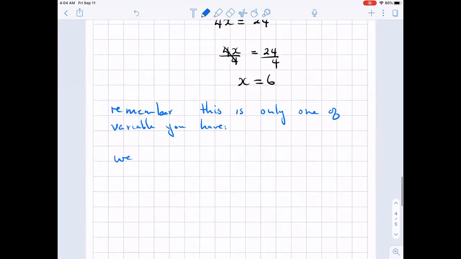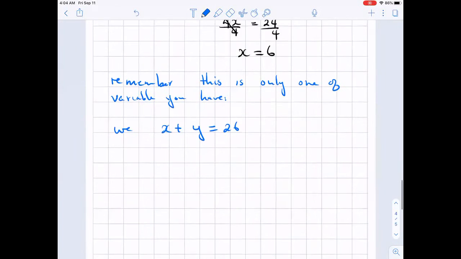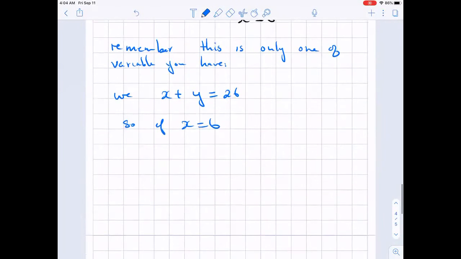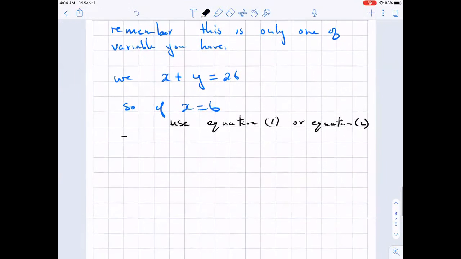We know x plus y is equal to 26. So if x is equal to 6, we use equation 1 or equation 2, to find y.